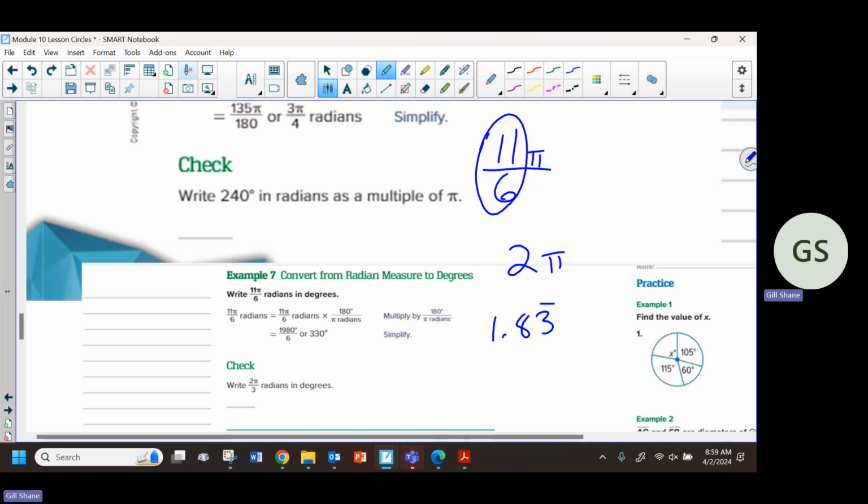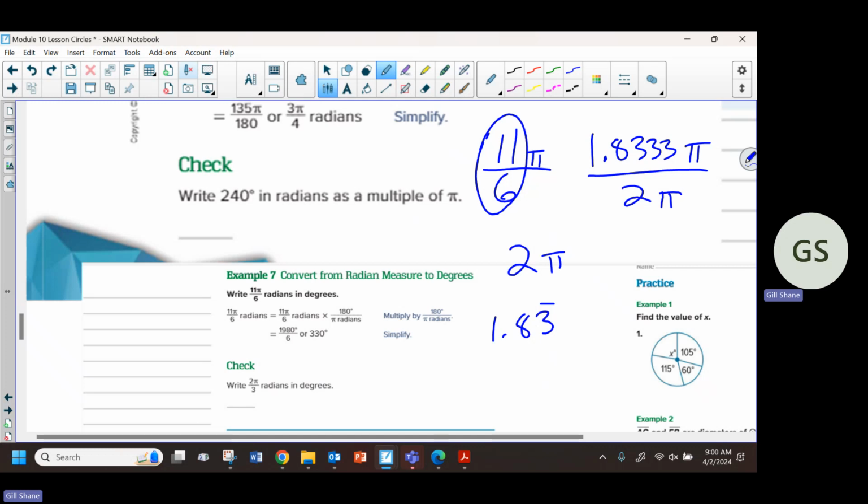So what I want to do, and you can do it with the pi or without the pi, it'll work. If I have 1.833333 pi, that's the part they gave me. So what's the whole in radians? 2 pi is the whole. It's the same thing we did before, part divided by whole.